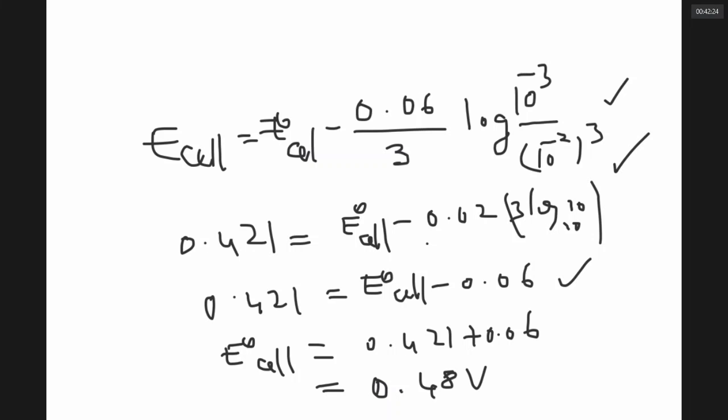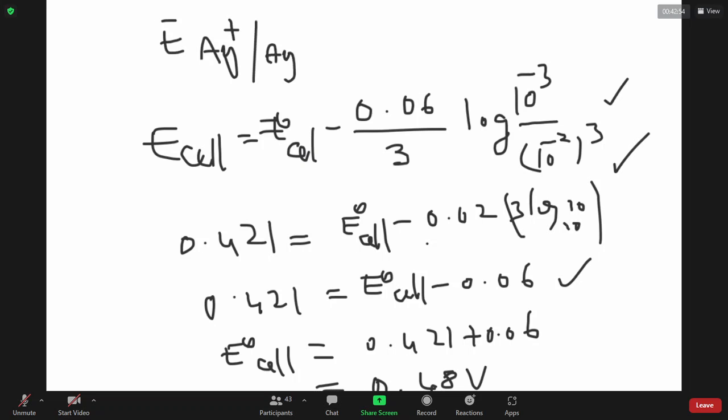Sir, I think I gave. Sir, they did not ask E0 cell. They asked me what is E of M plus 3 by M. They gave me additionally the silver electrode potential as plus 0.80.